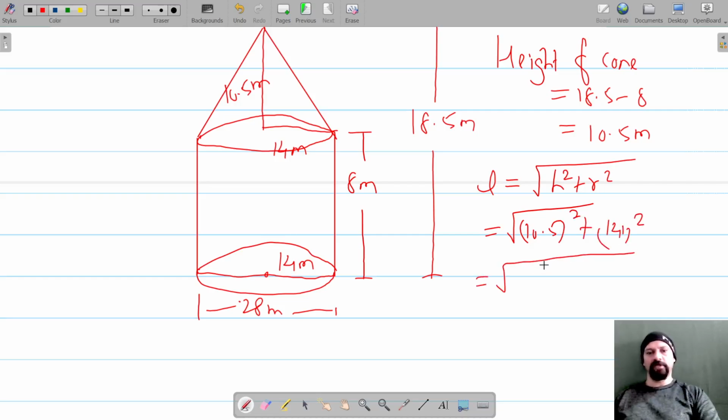Okay, so 10.5 square. Square of 10.5 is 110.25.